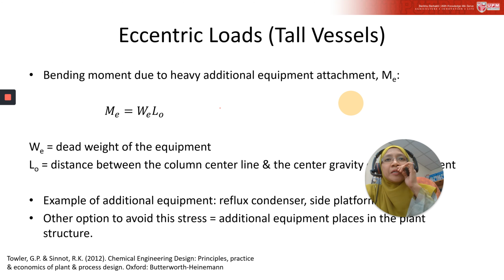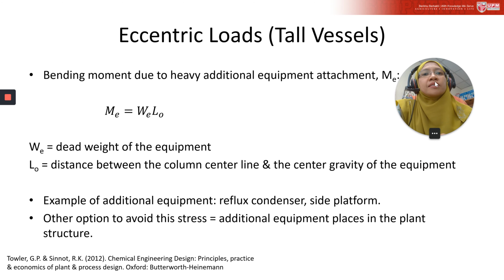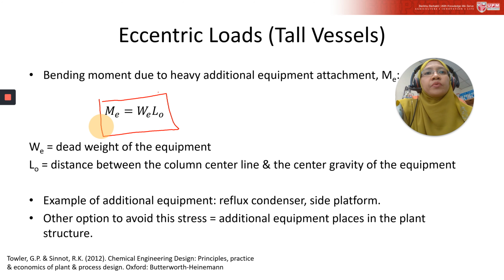From here we need to calculate the bending moment due to heavy additional equipment attachments. Examples of heavy equipment attachments are a reflux condenser and a side platform. Sorry, this is a calculation to find the dead weight of the equipment, not the bending moment. The bending moment from eccentric loads is due to heavy additional equipment.